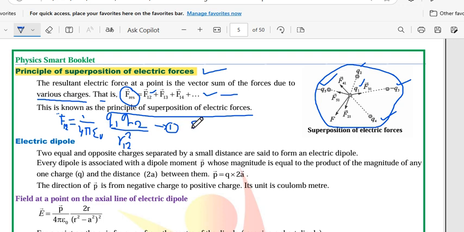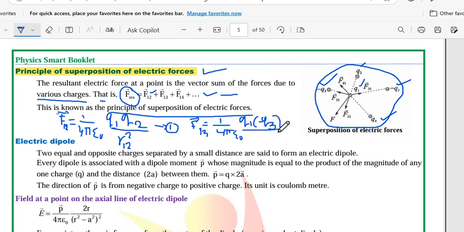Similarly, F13, in vector form, is part of the vector sum of all the forces. How will you write this? F13 is equal to 1 divided by 4 pi epsilon naught into Q1, the charge acted upon, and Q3, the charge acting on it. What is the sign of Q3 here? Minus Q3.